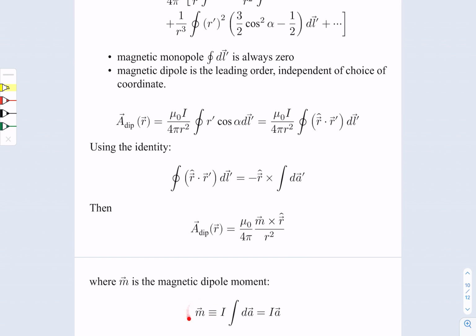That's the m here, the magnetic dipole, and the definition is the current times the integration of the area. If we have that definition, then the magnetic dipole term is simply the m cross r hat.